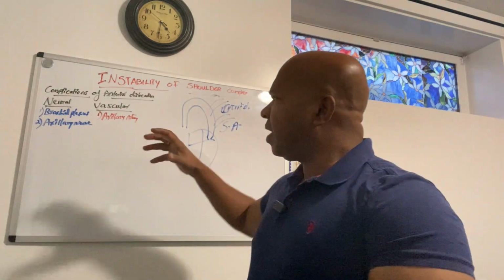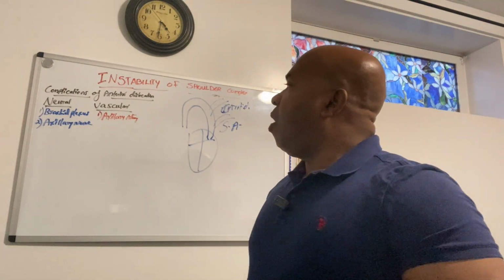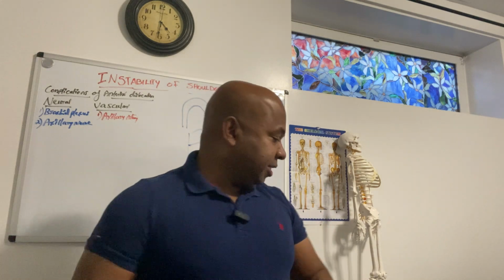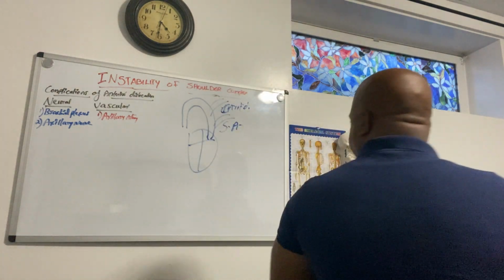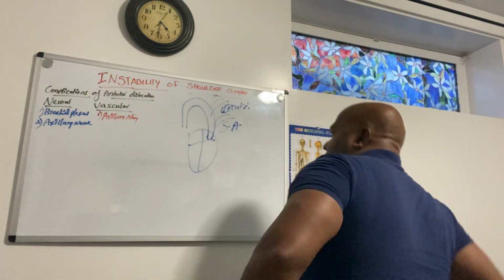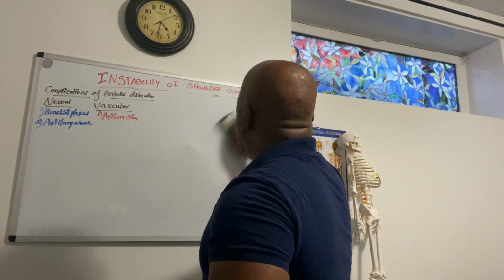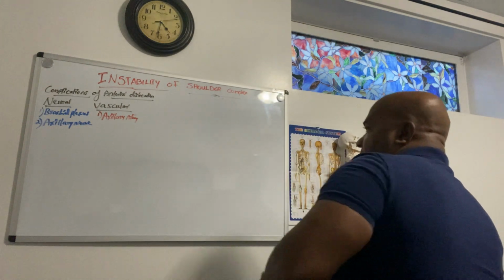Okay, what is the importance of the axillary artery? The axillary artery has 6 branches. And there is an interesting mnemonic in order to remember the 6 branches of the axillary artery.